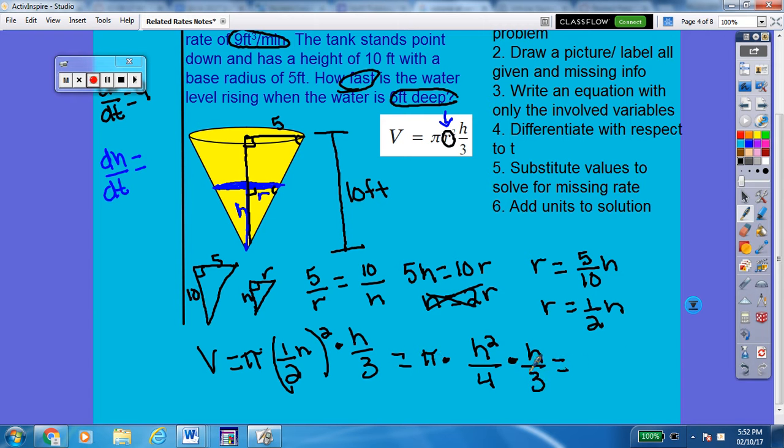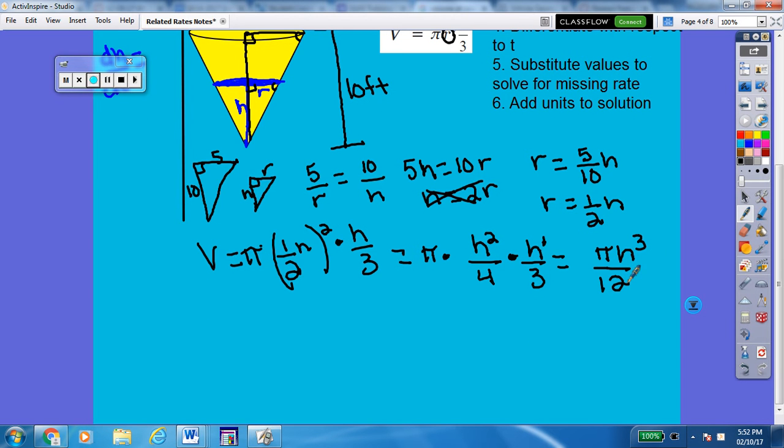And in the end, it becomes pi H to the 3rd power over 12, where we add the powers. And that's our new volume formula. And the cool part about this is that it does not have R's. And remember, we don't want an R because we don't have information about dr dt.